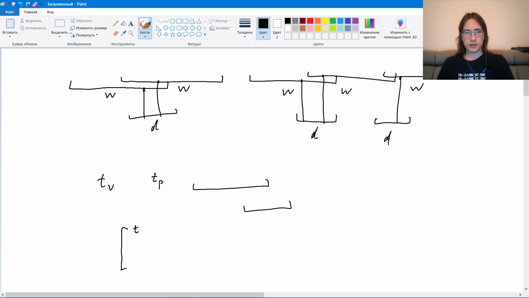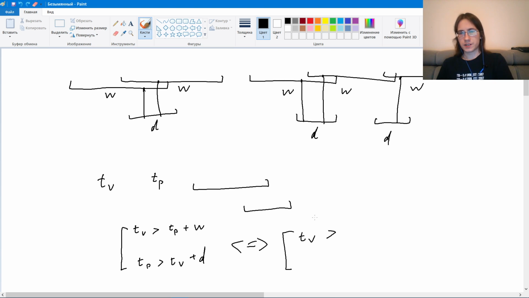It's if time of the vaccine is larger than time of the patient plus the wait time, or if the time of the patient is larger than the time of the vaccine plus the living time of the vaccine. But as W is constant for all patients, let's just rewrite it in such form.